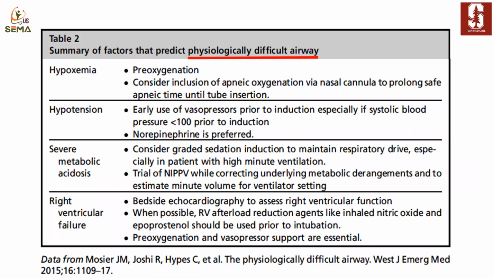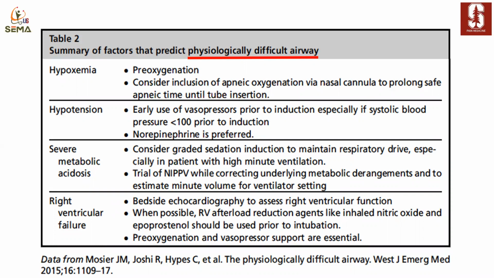And then there is another thing we often hear in the ICU called the physiologically difficult airway. Physiologically difficult airway patients are hypoxic, hypotensive, have severe metabolic acidosis, and have right ventricular failure. I cannot emphasize enough the importance of making sure, if you are going to the ICU, to ask about the heart function.